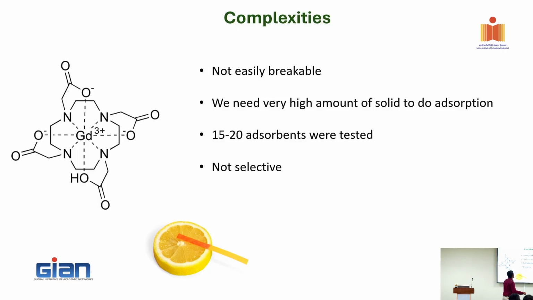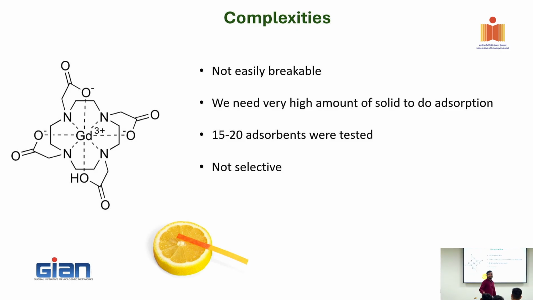So what we did is we simply acidified the urine. Once we added acid, it started to break this complex and release free gadolinium in the urine. Once free gadolinium is released, it's easy to develop a material and capture it.